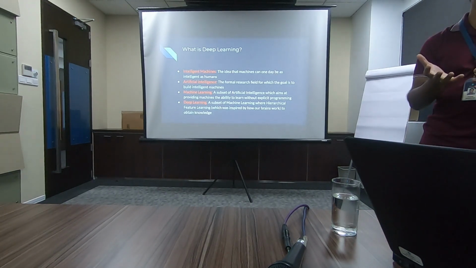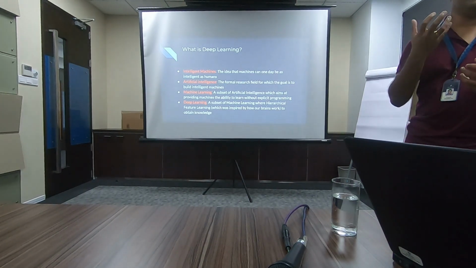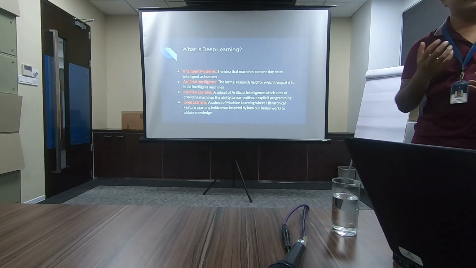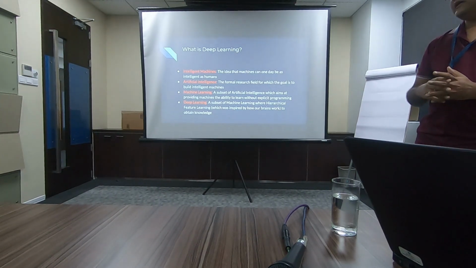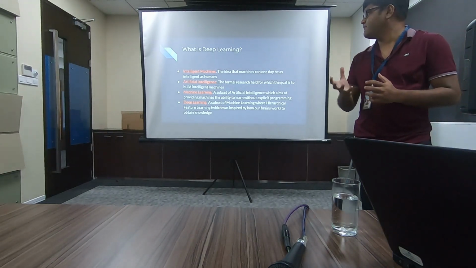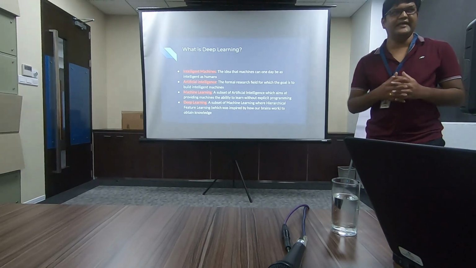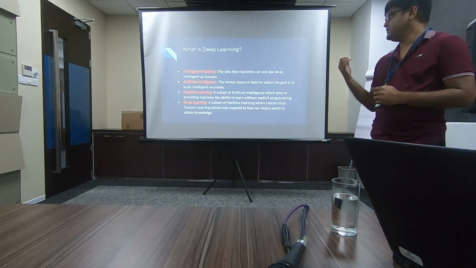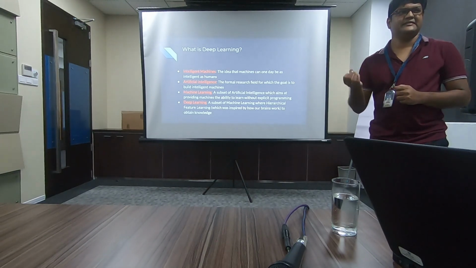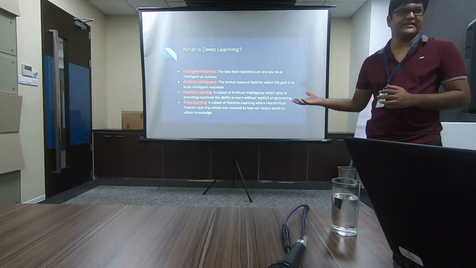Another area that we consider intelligence is language. Machines are still struggling in that area, but there have been certain improvements there as well. So based on this intelligent machines concept, there's a formal research field to actually build such an intelligent machine one day, and that research field is called artificial intelligence.